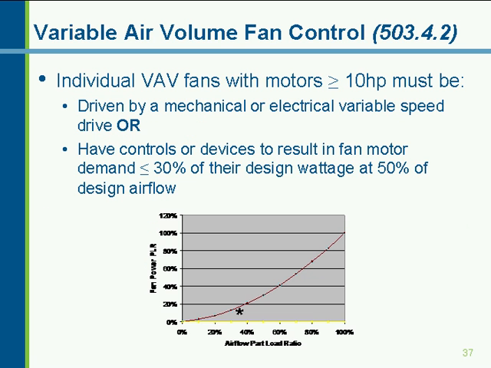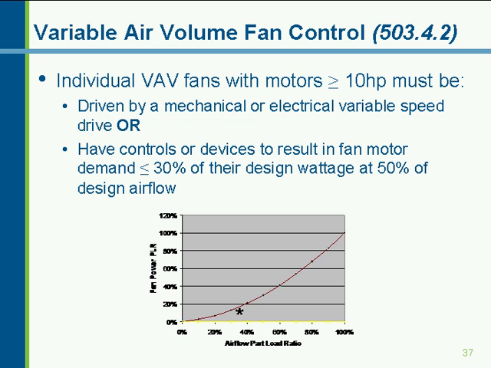Variable air volume fan control. If you've got a variable air volume system with a fan motor greater than or equal to 10 horsepower, that fan motor must be either driven by a mechanical or electrical variable speed drive, or have controls or other devices that result in a fan motor demand less than 30% of the design wattage at 50% of the design airflow.